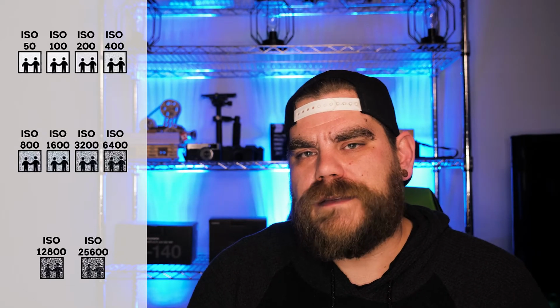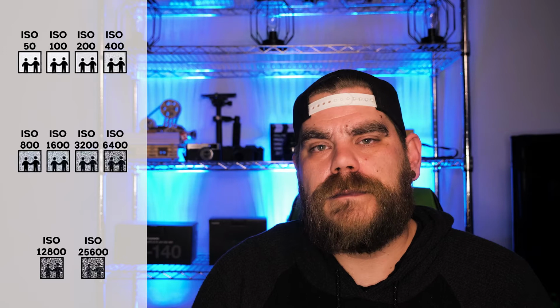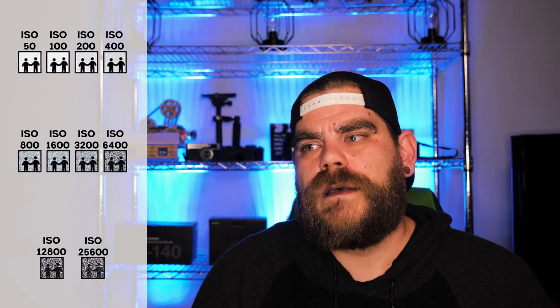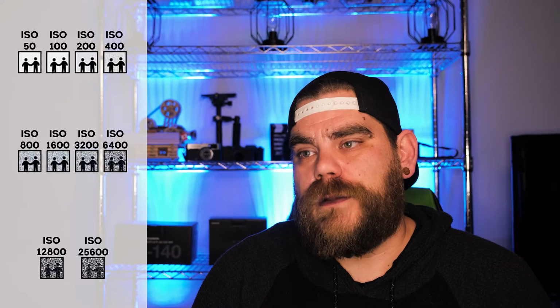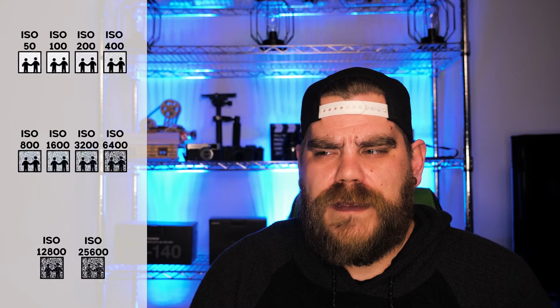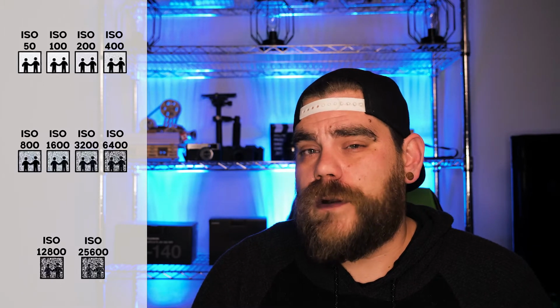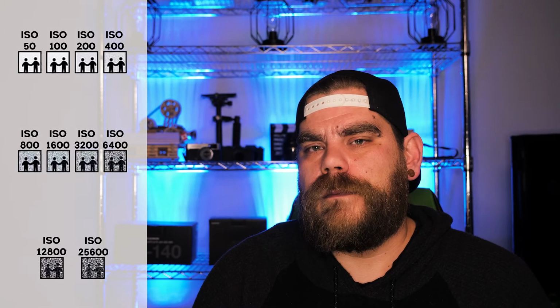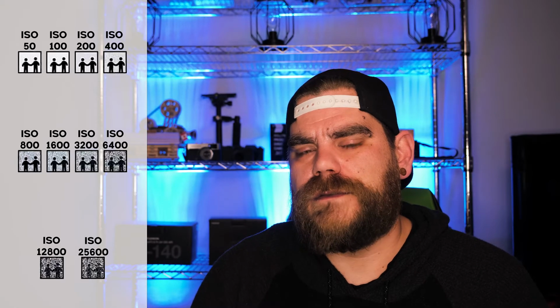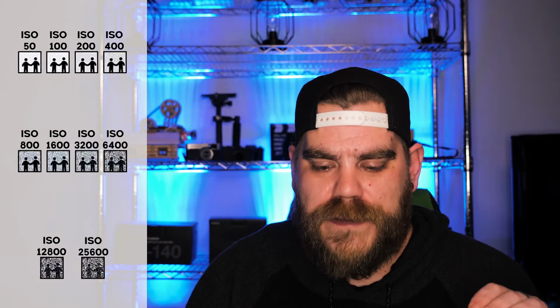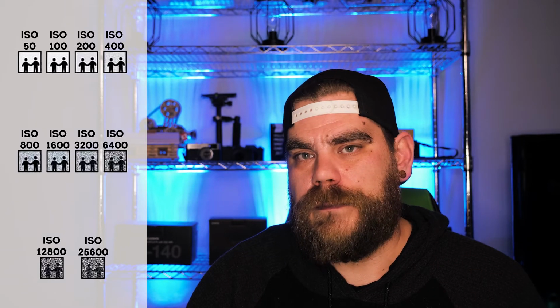The higher your ISO, or artificial light, that you introduce to your settings, the more noise and artifacts that you're going to have. Normally with today's cameras, you can get around the 6400 ISO range before it starts really adding noise and artifacts to your photos. So with that being said, ISO, use it sparingly.